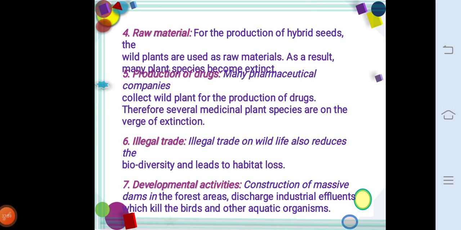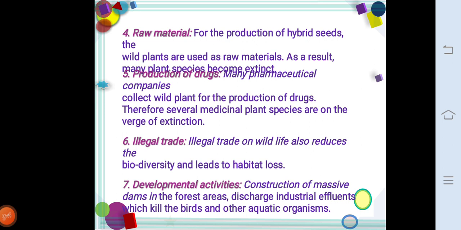The second type of threat to biodiversity is poaching of wildlife. Poaching means killing of animals or commercial hunting of animals, and it leads to loss of biodiversity.